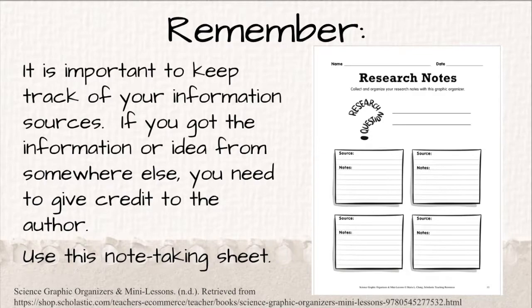So if you had 2 websites and a book, you'll want to keep all that information separate. Which information came from which website and which information came out of the book. Make sure that you write down all the information that you can about that source because you'll need it at the end for your bibliography, which we'll talk about later.